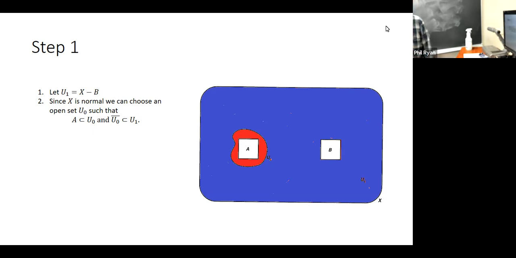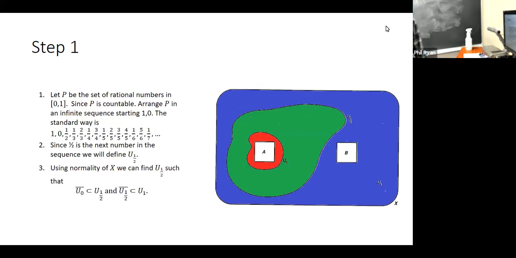Now we want to put a set between U0 and U1. First, we're going to use the rational numbers, and the rational numbers in [0, 1] have two really good properties. One, they're countable, so we're going to do some kind of induction to define our sets.